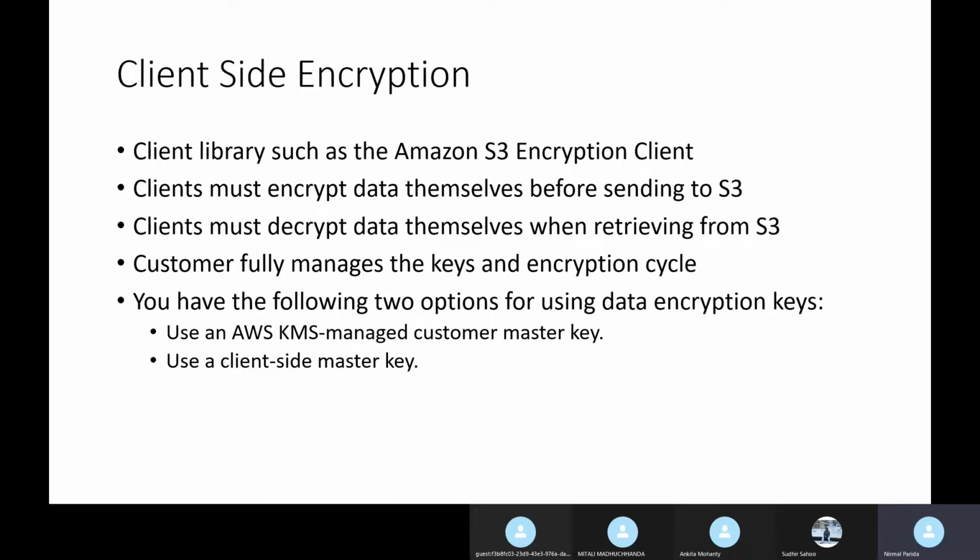So encryption and decryption is your responsibility in client-side encryption. The customer fully manages the keys and encryption cycle. The demerit is that you have to manage the keys on your own. If you lose them, your data will still be there, but after downloading, to decrypt you need the key. You have the following two options for using data encryption keys: use an AWS KMS managed customer master key, or use a client side master key.